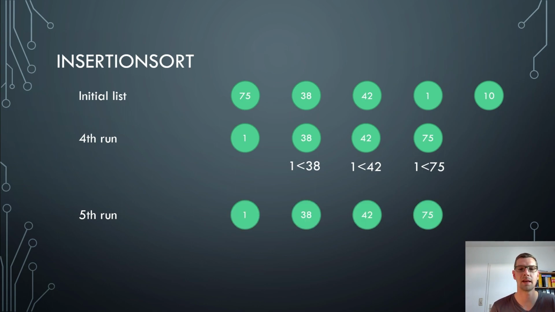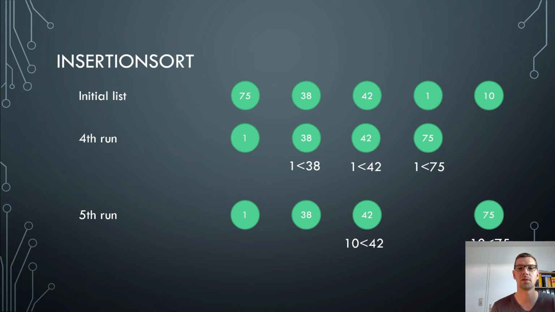In the last step, we have our 1, 38, 42 and 75 already in our result. And these, as you can see, are sorted too. So now we have to insert our 10. At first we compare the 10 to our 75, it is smaller, so we put the 75 one further to the right.